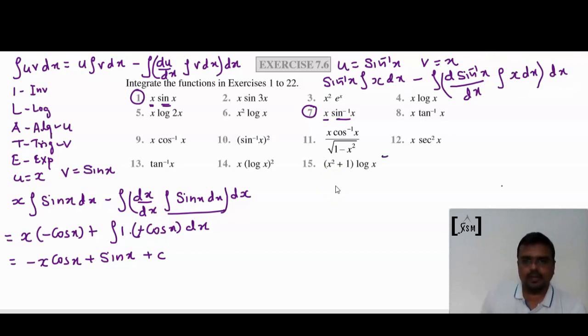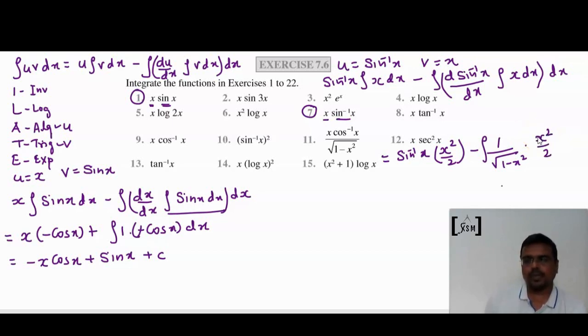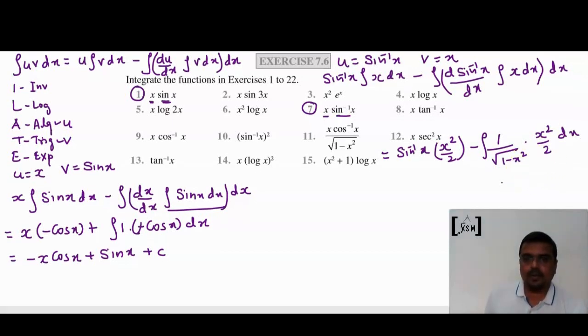So let's write it, guys. The integration of x is x square over 2, and the derivative of sin inverse x is 1 over square root of 1 minus x square. Now guys, please understand, we'll have to integrate this part by the substitution method. So I will suppose the square root of 1 minus x square equals a.